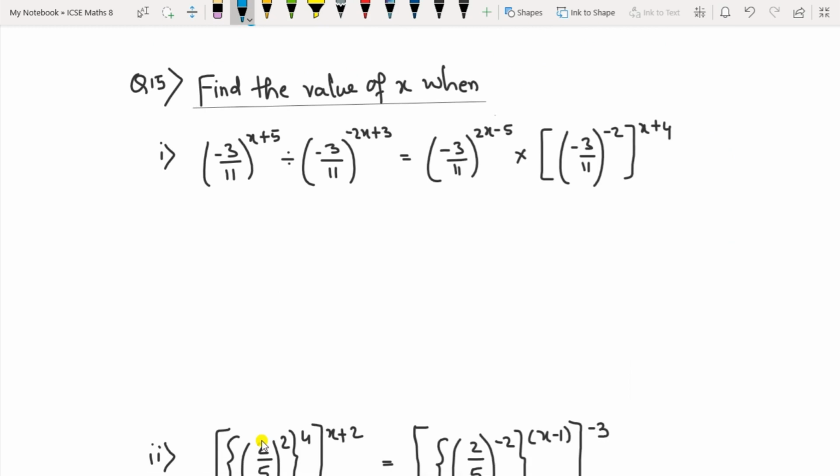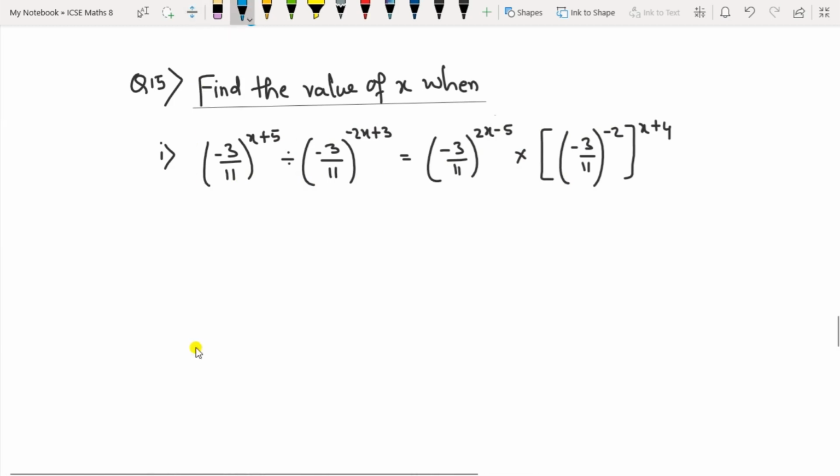Now here you have to find the value of x. Now you can see this is equal to here, and on one side of equal to it is division, on the other side it is multiplication. So for division you have to subtract the power, for multiplication you have to add the powers. The base are same, you can see the base are same here. So this becomes minus 3 by 11 x plus 5 plus minus 2x plus 3.